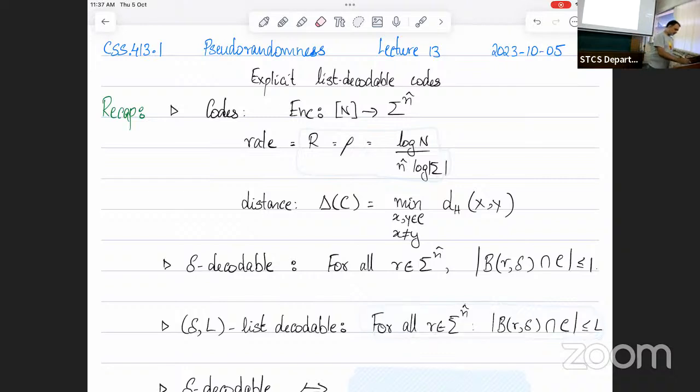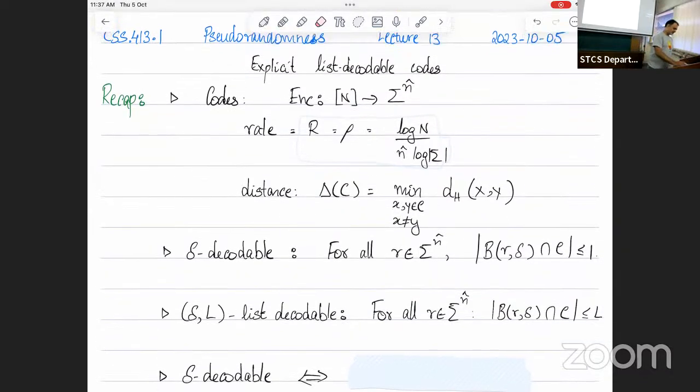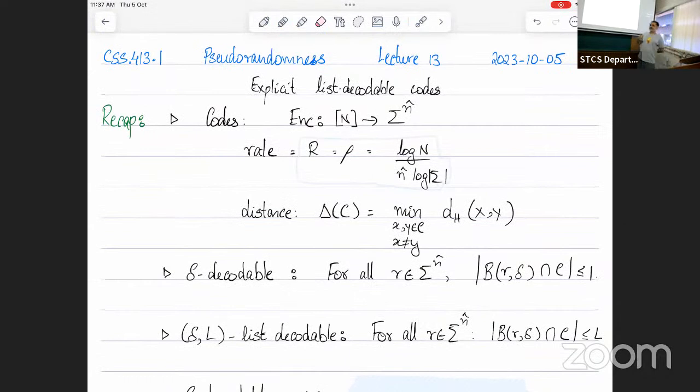And we also looked at list decoding, which is a generalization, a relaxation of the above notion. It says that I don't mind as long as the number of code words in the ball of radius delta is not too large. This not too large is typically captured by some parameter L, which denotes the list size.